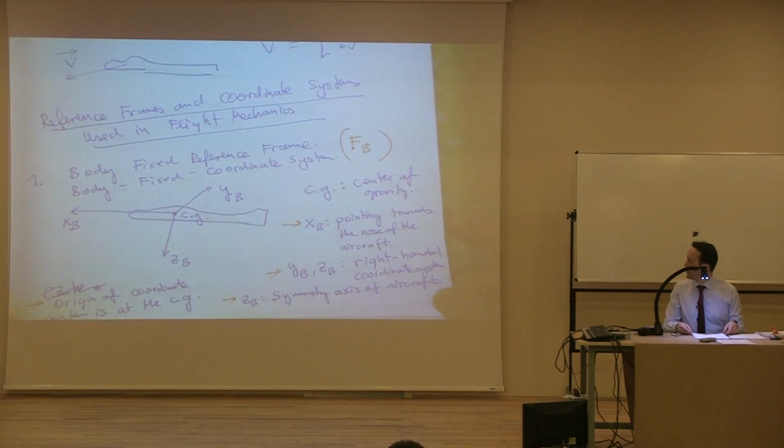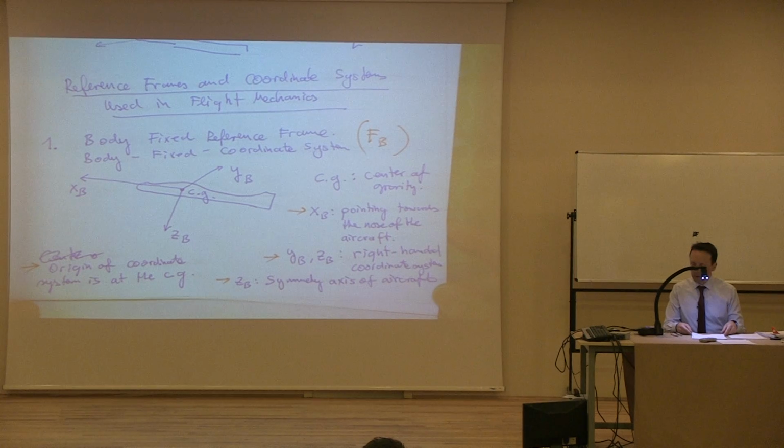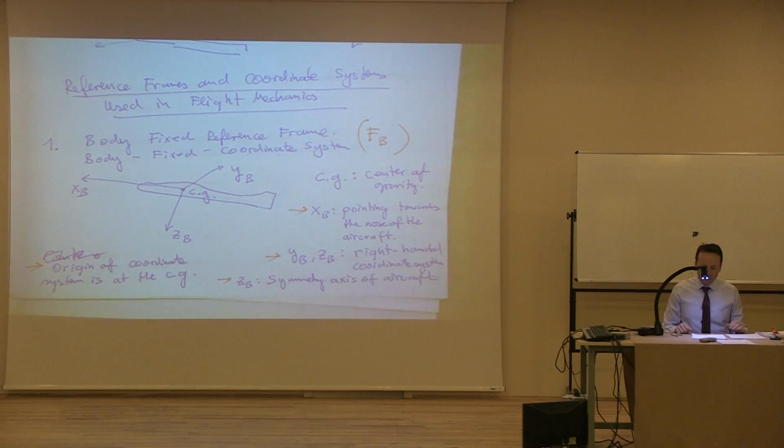And then we moved on and we said last week, let's define reference frames and coordinate systems that are commonly used in flight mechanics. And I started with the first one. The first one was the body fixed coordinates, the body fixed frame, or what we call the body fixed coordinate system. So the body fixed reference frame is basically the airplane itself.